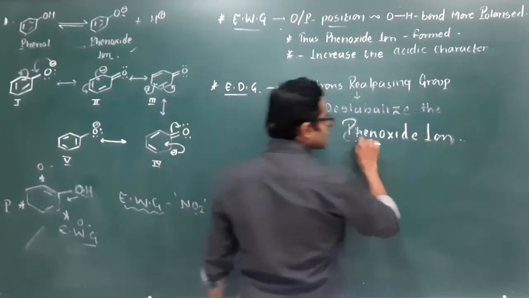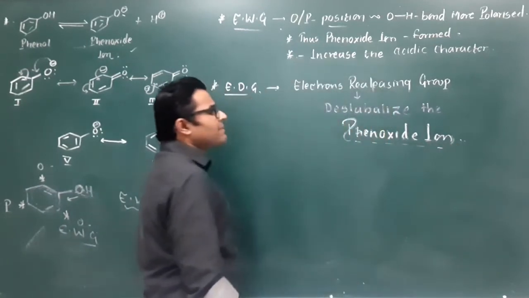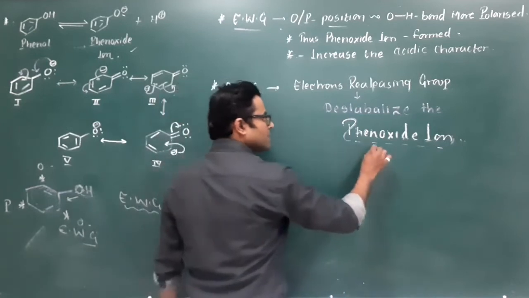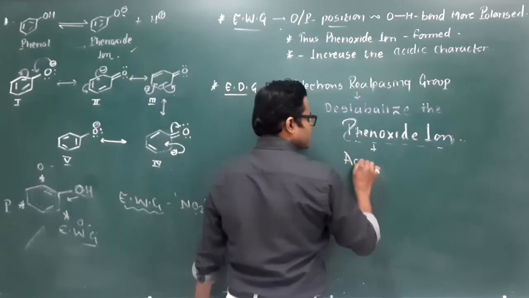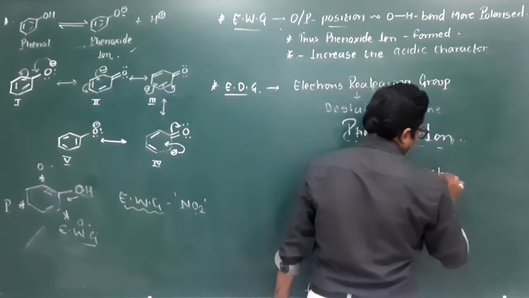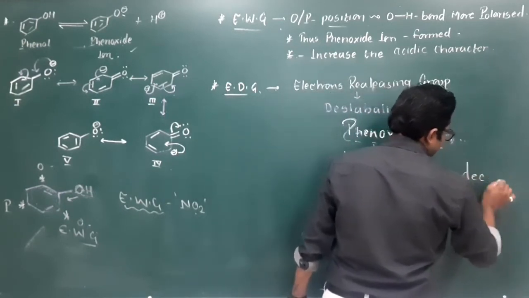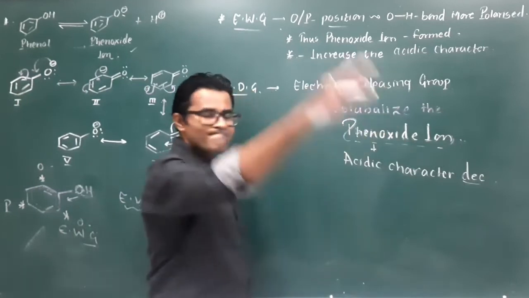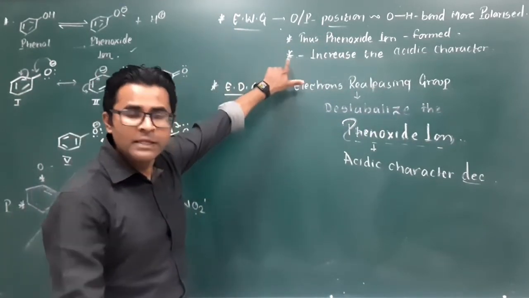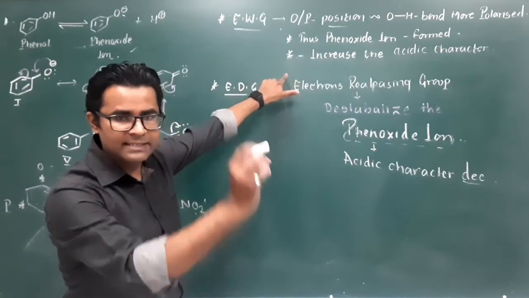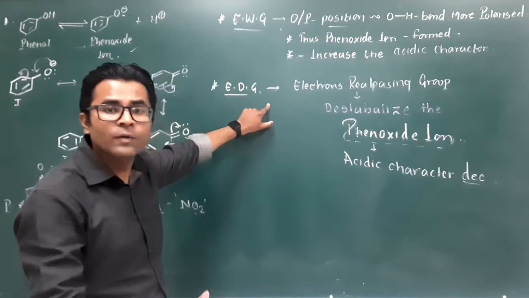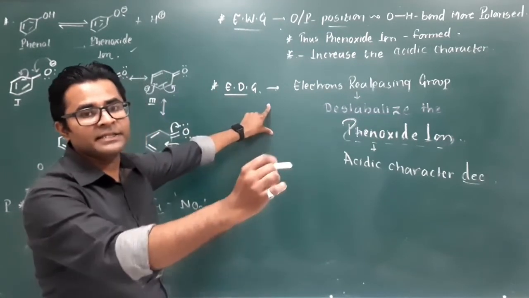The moment they destabilize the phenoxide ion, it's quite simple that the acidic character in this particular case is going to decrease. So in short, an electron withdrawing group increases the acidity, while an electron donating group decreases the acidity of a phenol.